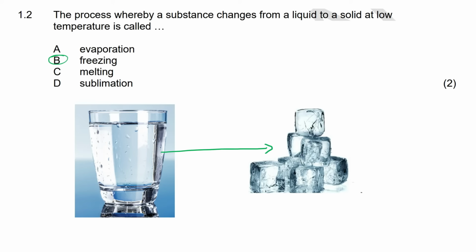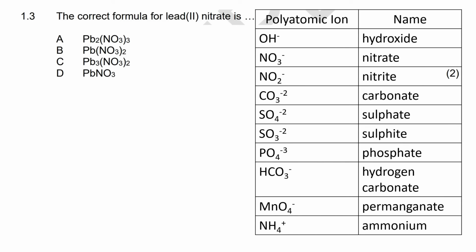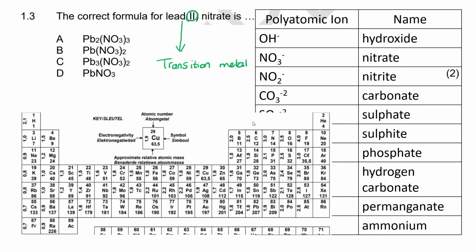What is the correct formula for lead with a 2 and nitrate? So we need to remember a couple of things. One of them is that when they put a Roman numeral over there, that is when we have a transition metal, which, remember, are these ones inside this block over here.